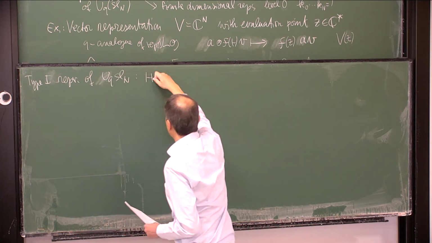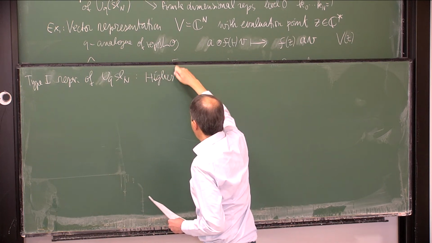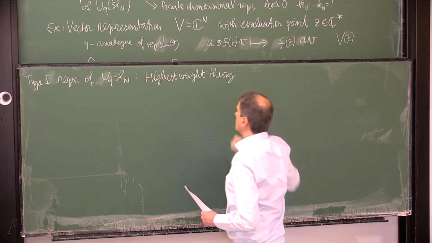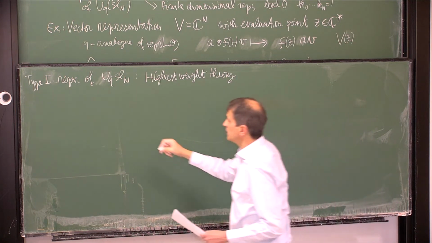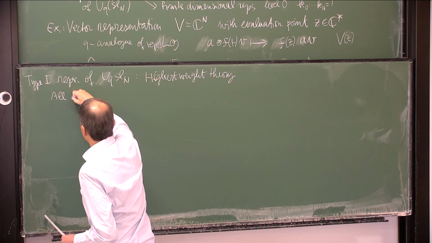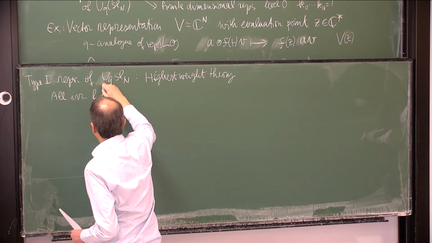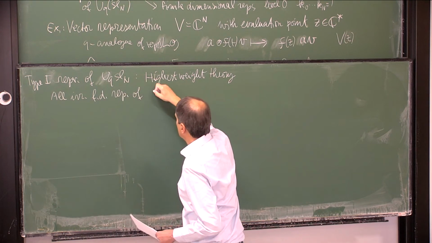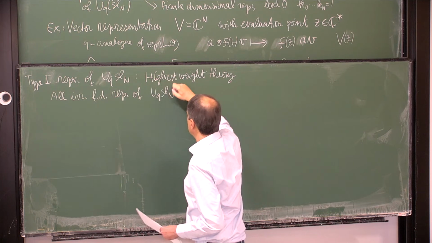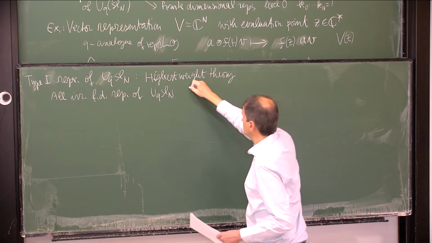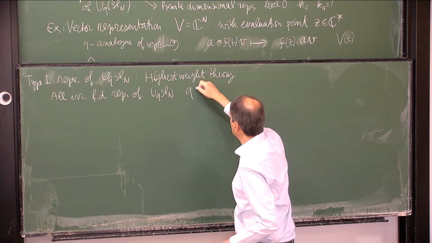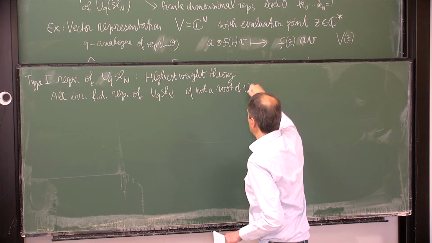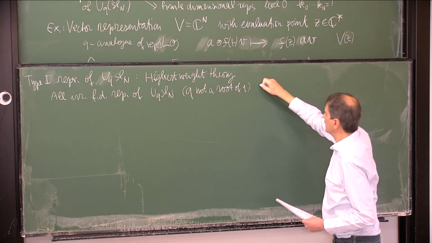So we have a highest weight theory. Namely, all finite dimensional irreducible representations, like in the classical case, of U_q of SLN, for q not a root of unity, are highest weight.